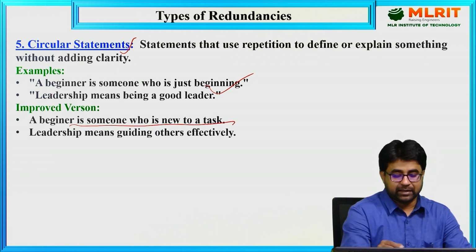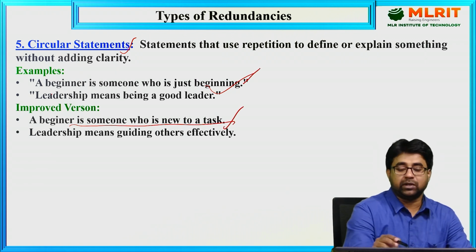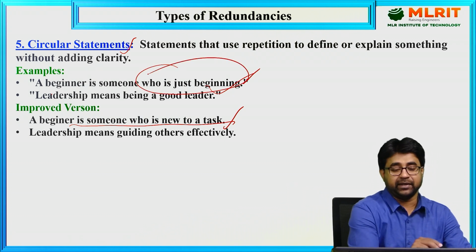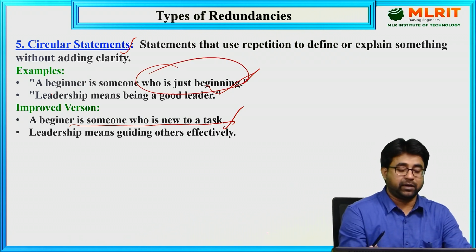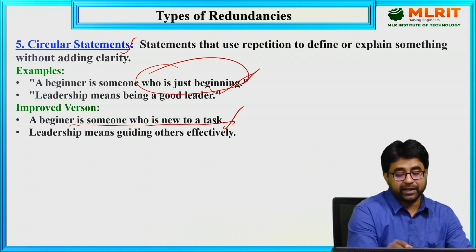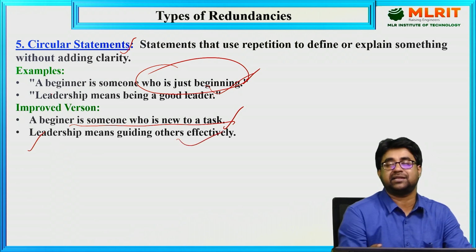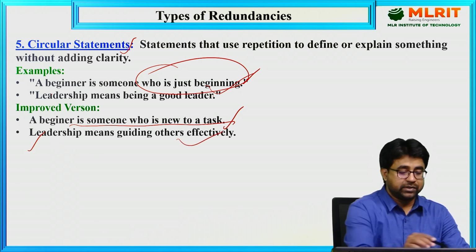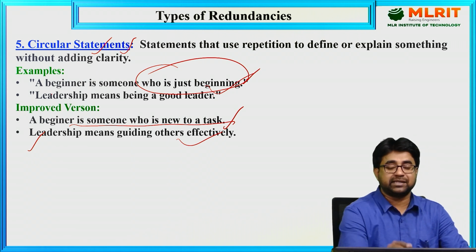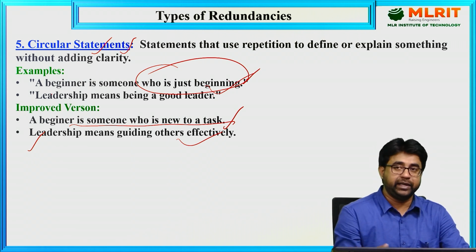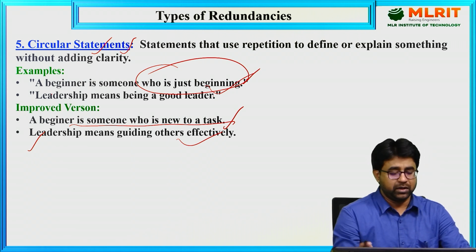That's how you explain. This is called circular statement. This is redundancy. Here is another example. Leadership means being a good leader. Instead of saying that, you have to say leadership means guiding others effectively. Fine. So a circular statement also can work as redundancy, and we need to avoid them in writing or speaking.